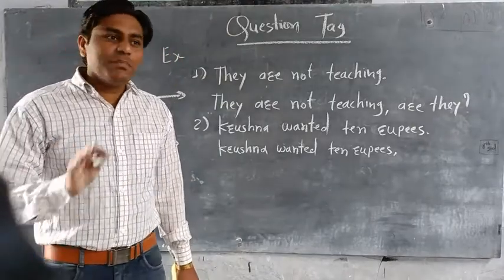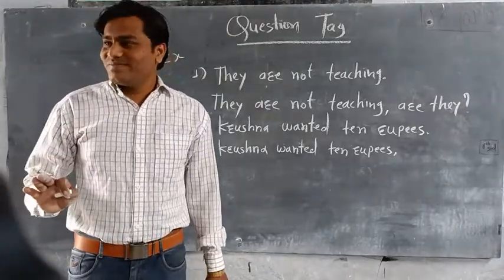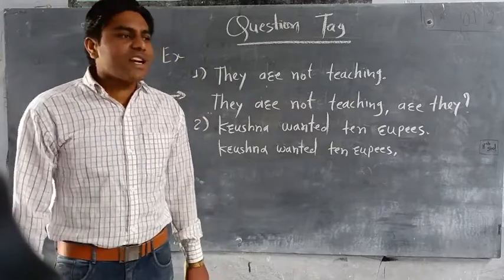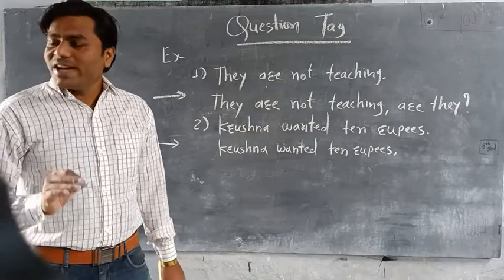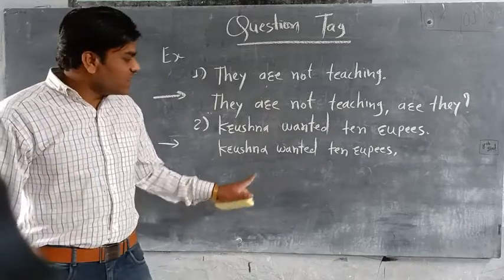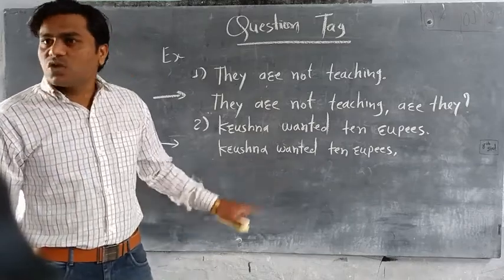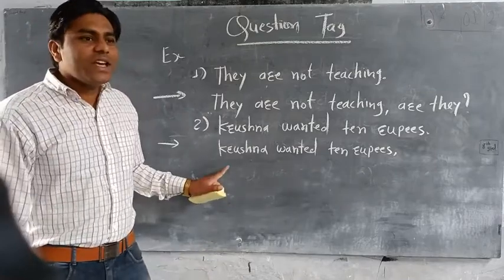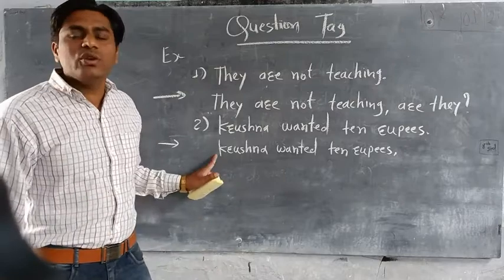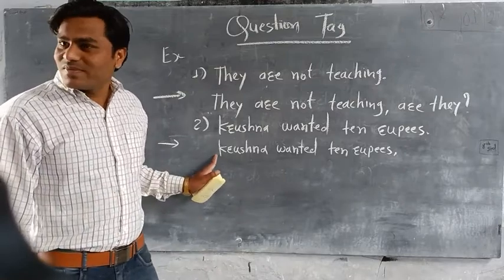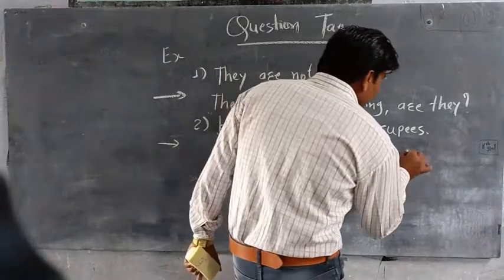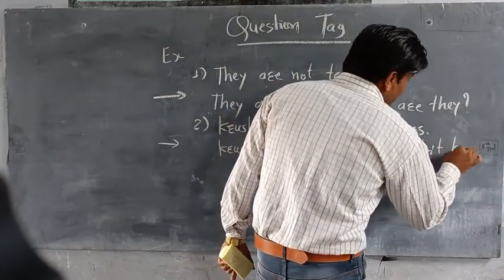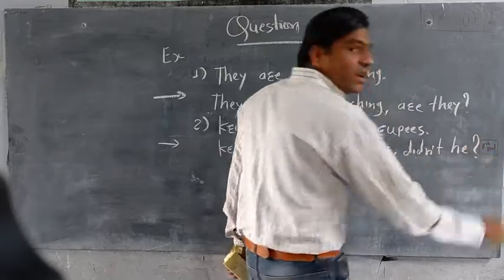Did is the past form of do. So that's why we put did there. And this sentence is in positive, so we have to make the negative form. Didn't he? Why he? Because he is referring to Krishna. Get it? You write there. Didn't he? And question mark.